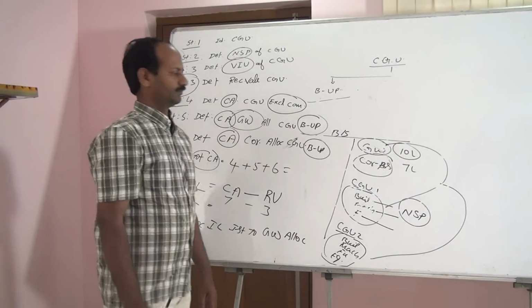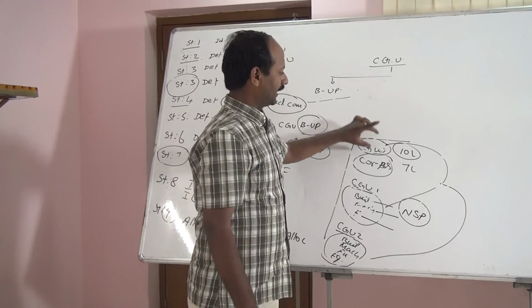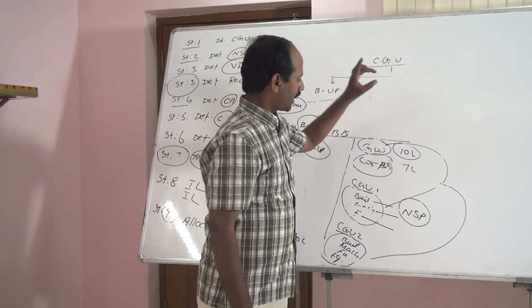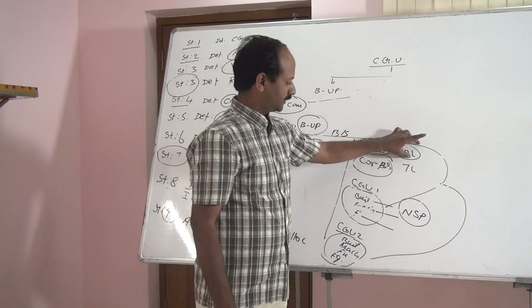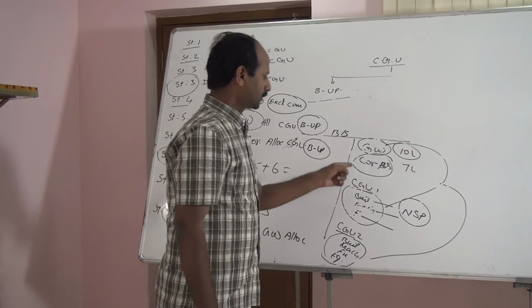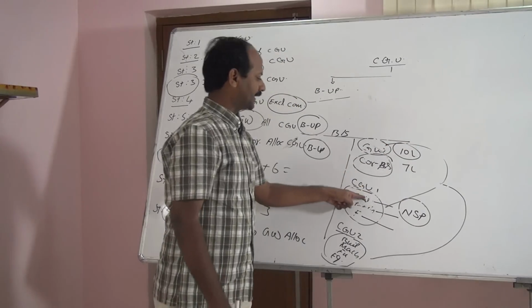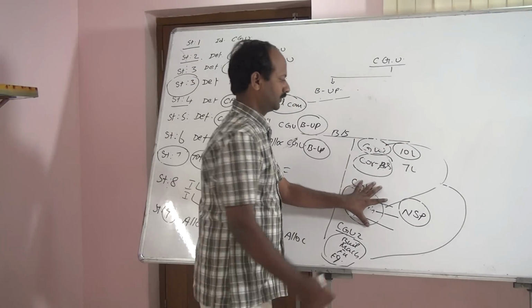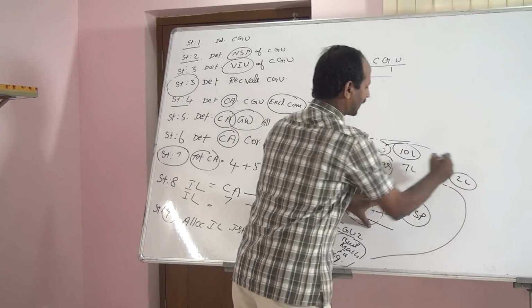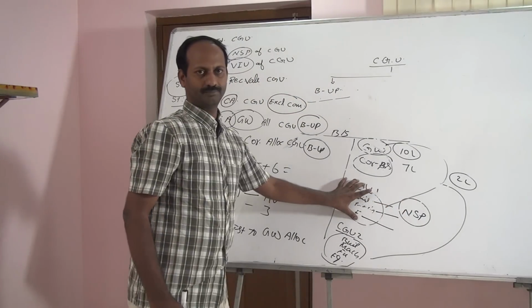In our example, total goodwill is 10 lakh. Out of this 10 lakh goodwill, suppose 2 lakh goodwill is allocated to CGU1.